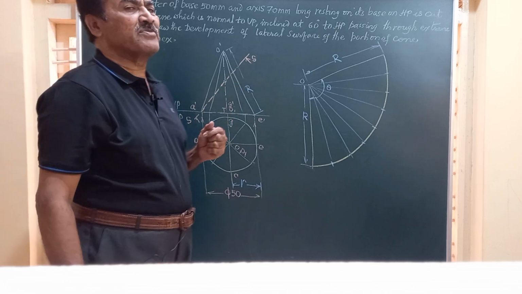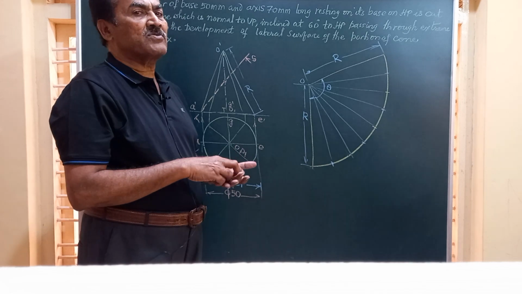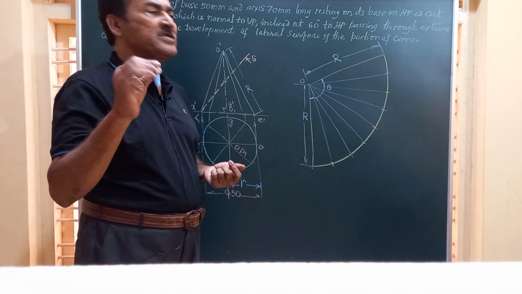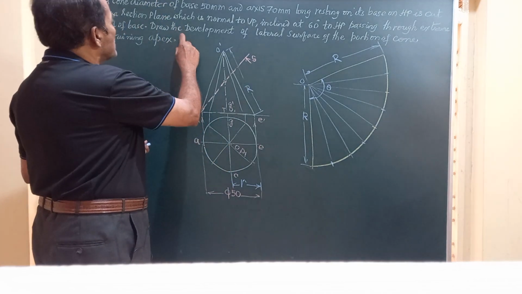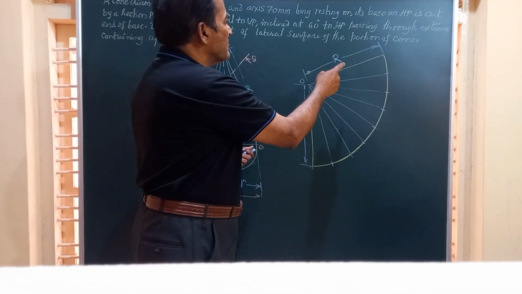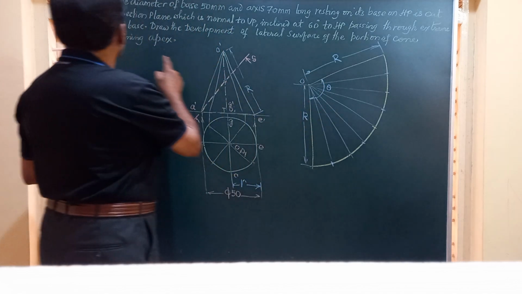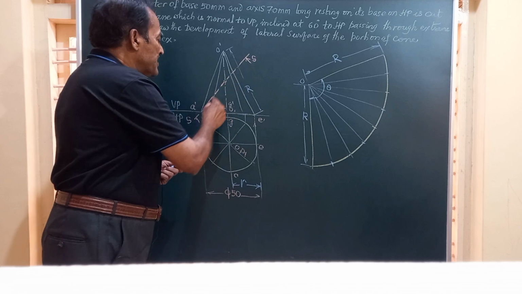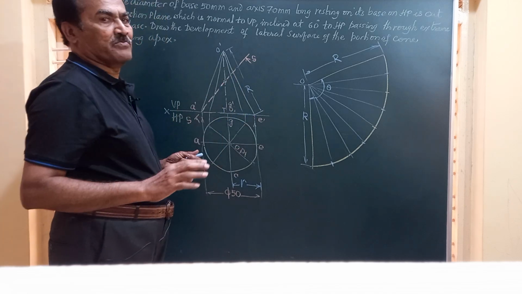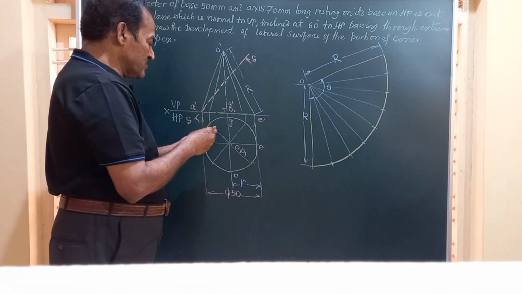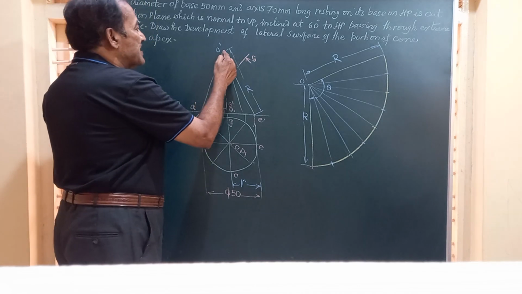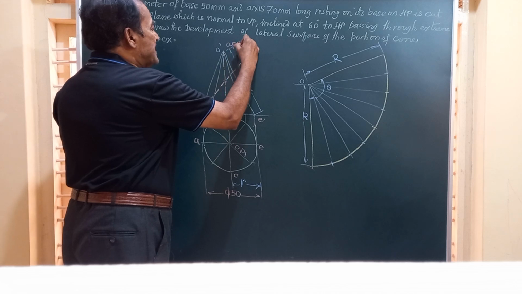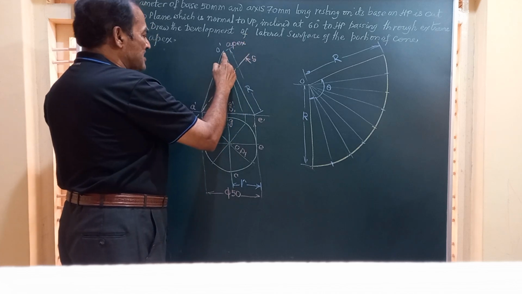Friends, after this is cut by the section plane, you will have to see in the question which part of the cone is to be developed. As per the problem, draw the development of the lateral surface of the cone containing the apex. If you don't specify, you can draw the development of the lower part or the upper part. But here we have been asked to retain the part containing the apex, O dash. This is apex. In case of pyramids, we call this vertex; this is apex.